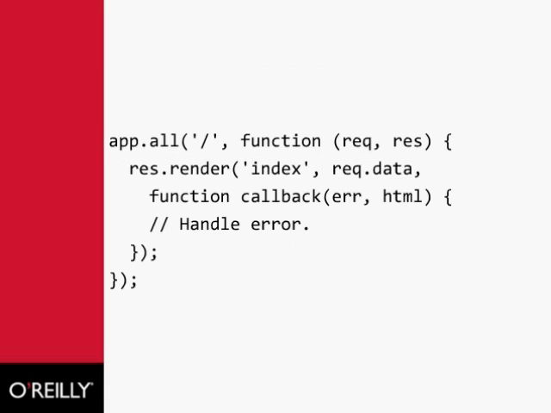So you just pass in the name without the extension, and then request.data or whatever your data input is. And then you pass an error callback if you want to handle any errors explicitly here, or you can just leave the error callback off, and it will handle errors using your default error handler.